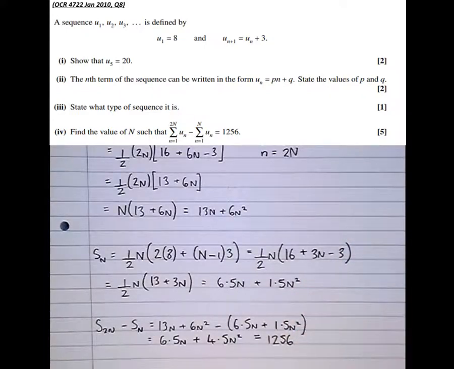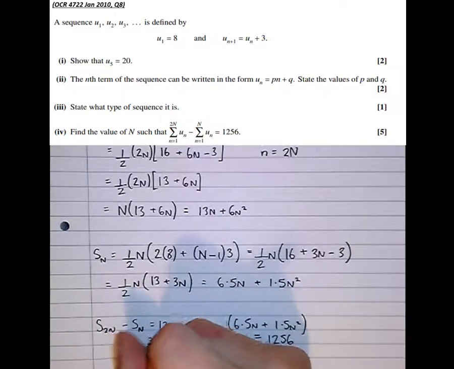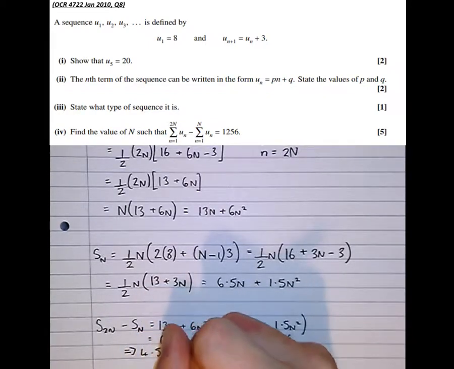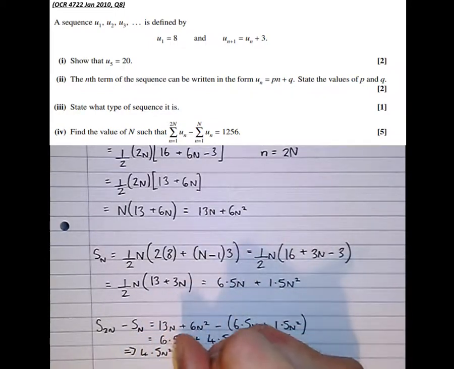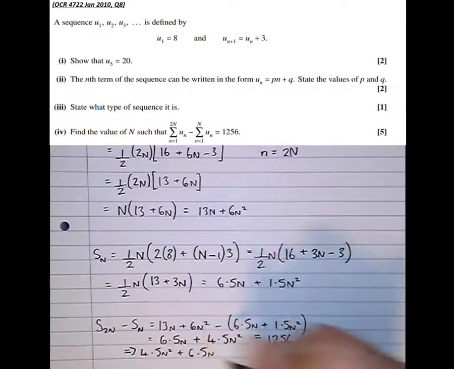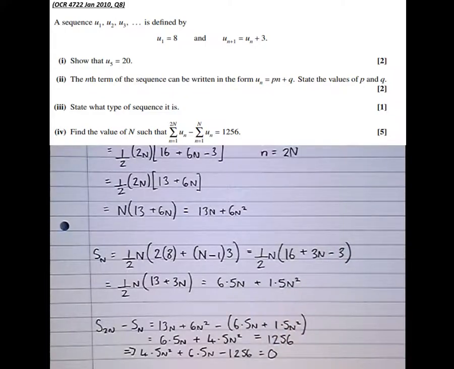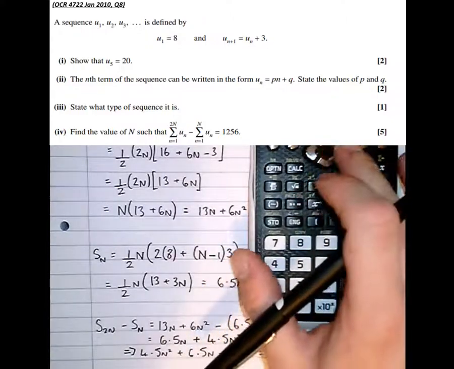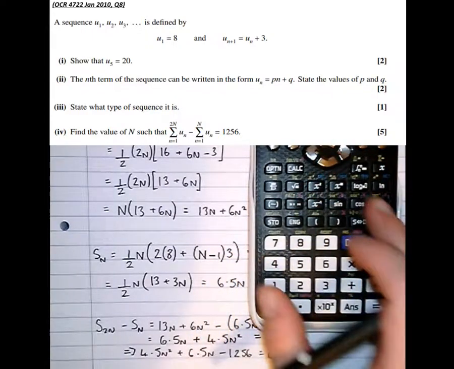And what we've got here is a quadratic. So let's rearrange it. We've got 4.5n squared plus 6.5n take 1256 equals 0. And now we're left it in a form that's solvable. So let's use the calculator quadratic function to find out what the solution to that is.